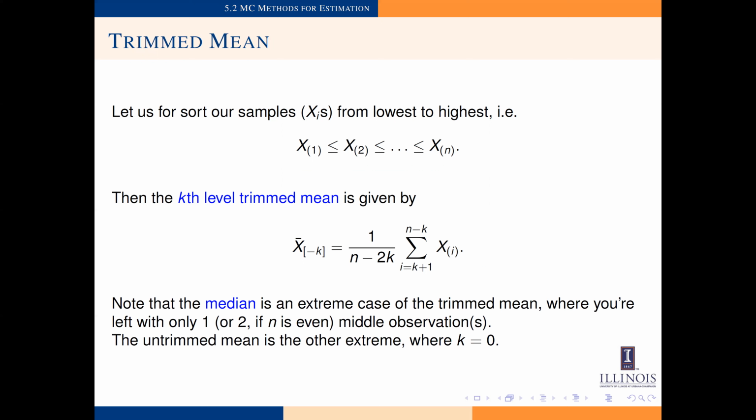It's 1 if your n is odd, and 2 if your sample size n is even, and you calculate the mean of the middle values. The untrimmed mean is the other extreme, where k is equal to 0, meaning that we're trimming nothing on the left and right tails, and we're just calculating the sample mean.